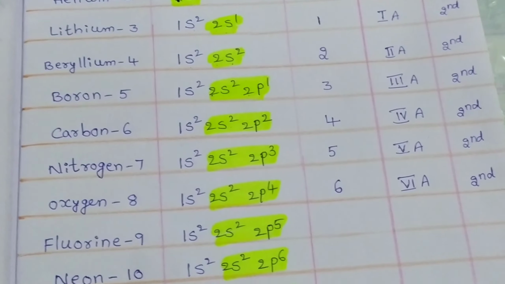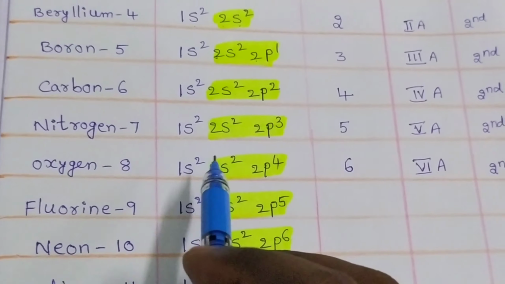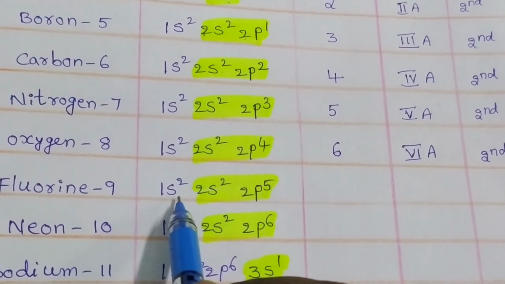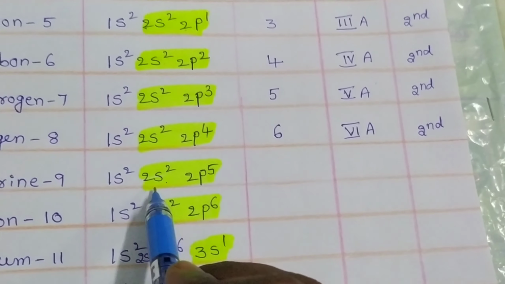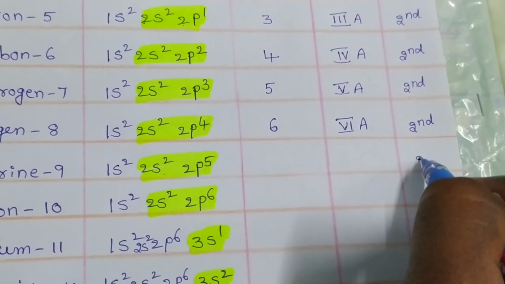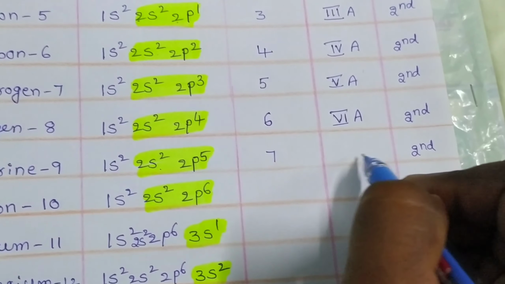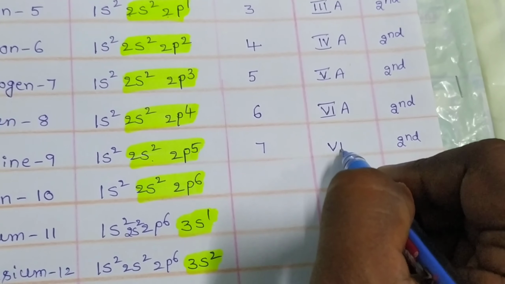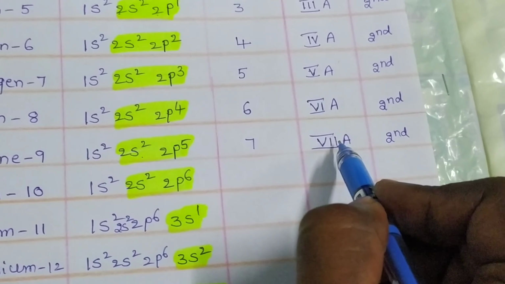Now fluorine. Electronic configuration is 1s2 2s2 2p5. The outermost orbit is second orbit. Fluorine belongs to second period and contains 7 valency electrons. So fluorine is present in 7th A group, that is the halogen group.